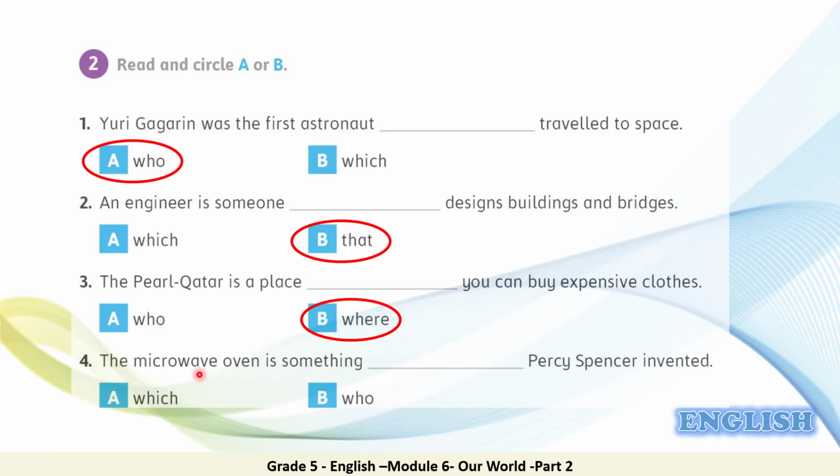The microwave oven is something blank Percy Spencer invented. Which or who? Here is something. Which one refers to things? Wonderful. Which? This was a simple task. Let's do another one.